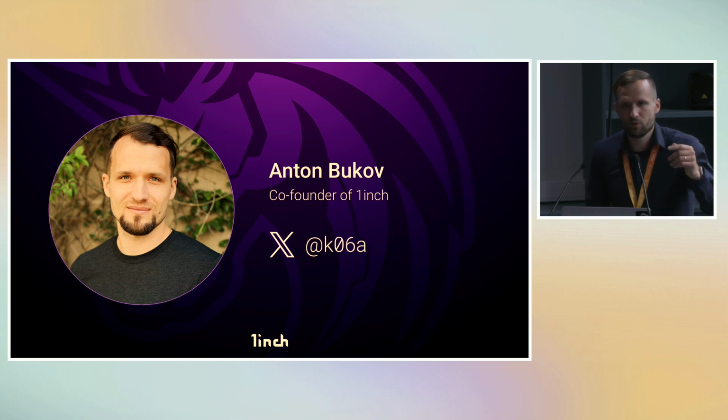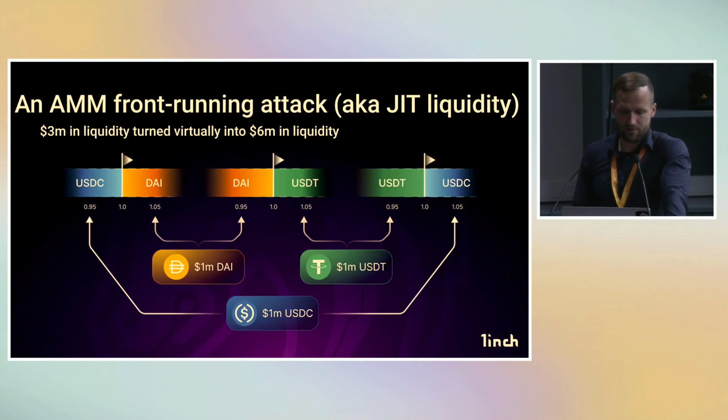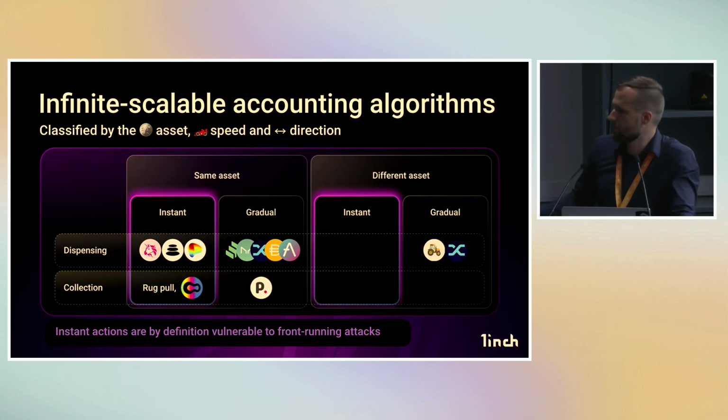Yeah, guys asked me to repeat questions before answering them. So yeah, in short, you asked about this slide where I talked about instant actions, instant distributions of values. And you asked about the Uniswap v4 hook, that you heard that there is a bounty for something similar to this. Yeah, I think it's possible to make protection from just-in-time liquidity providing.